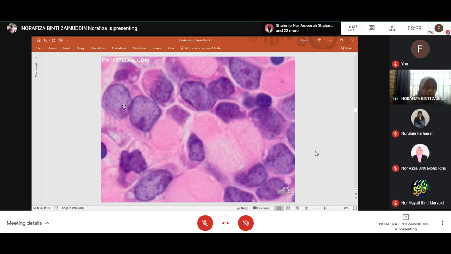So the morphologic distinction of these neoplastic lymphoblasts from normal is usually very difficult to make. How you differentiate this from the normal marrow is you use immunophenotyping and also chromosomal distinction. Meaning you find chromosomal abnormalities to find distinction between these two.